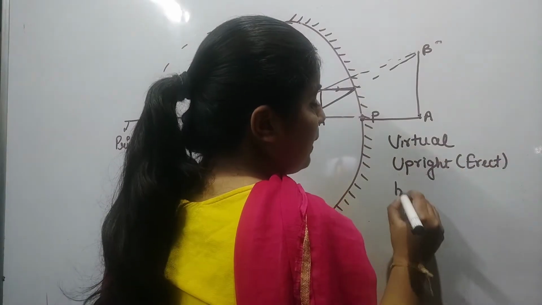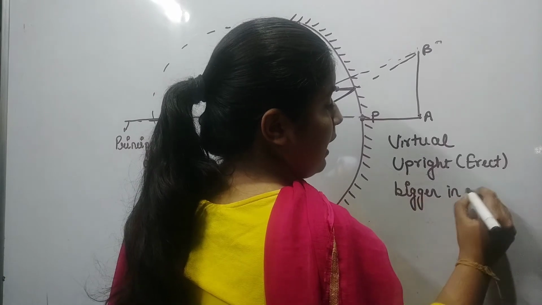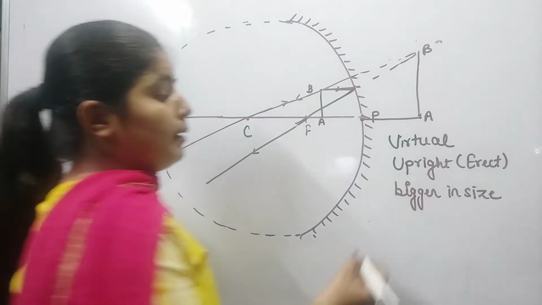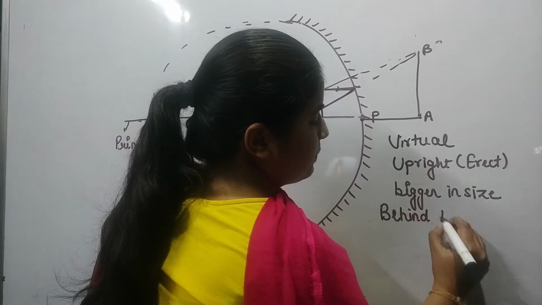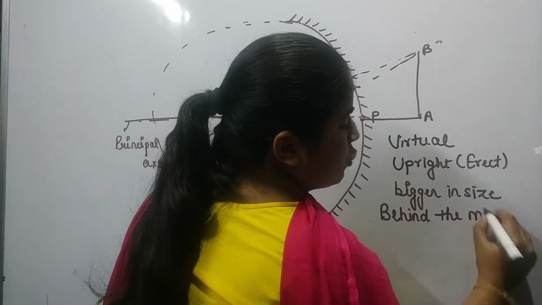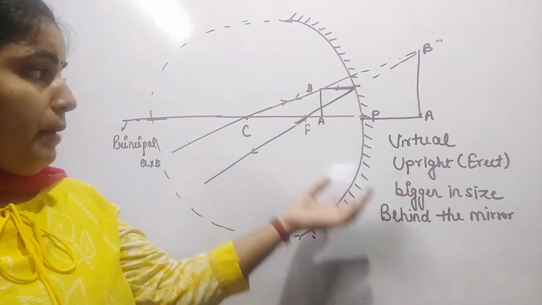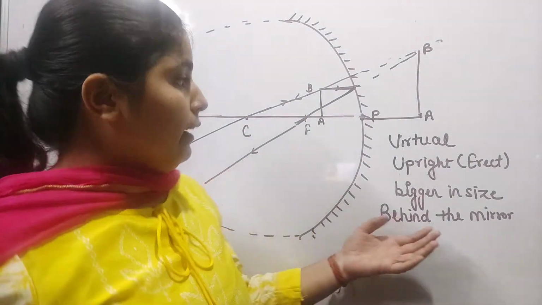So the image formed is virtual, upright or erect, and bigger in size. And what is the position of the image? That is behind the mirror. You have to remember these things, because they can be asked in the examination.